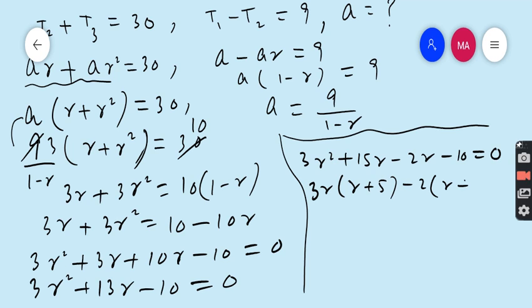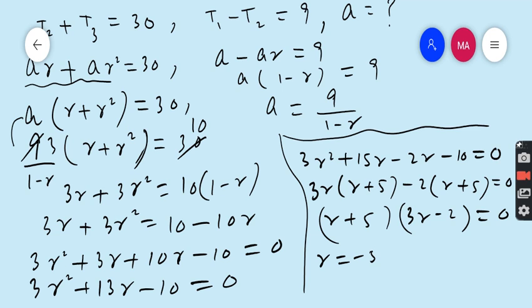Taking minus 2, it is r plus 5 is equal to 0. Then r plus 5 and 3r minus 2 is equal to 0. This implies that r is equal to minus 5, and 3r minus 2 is equal to 0 means r is equal to 2 upon 3.